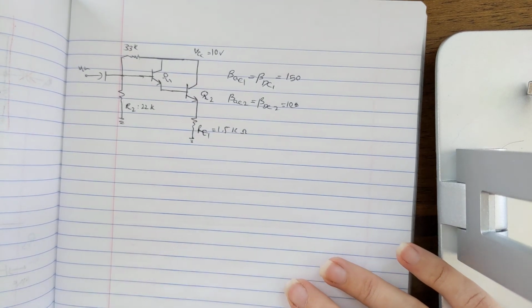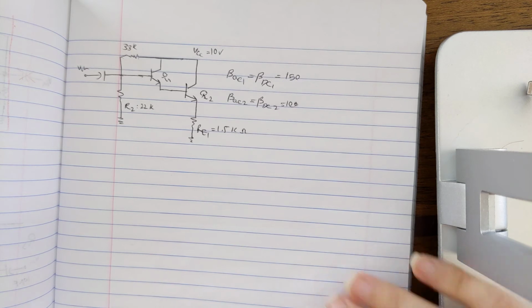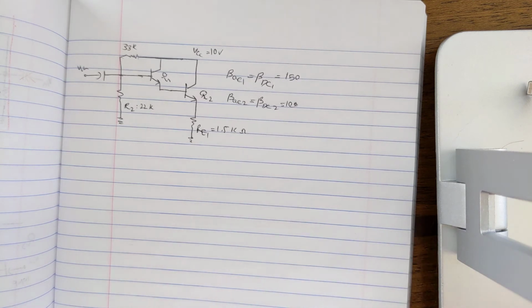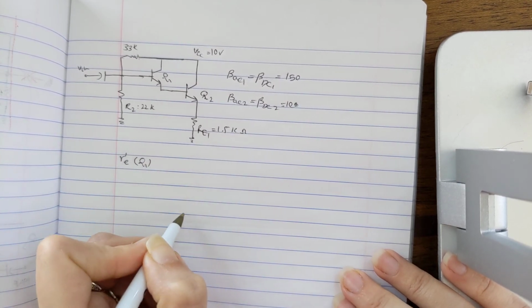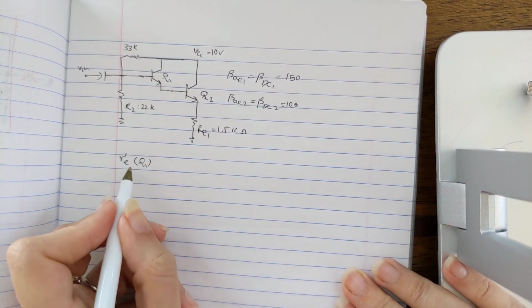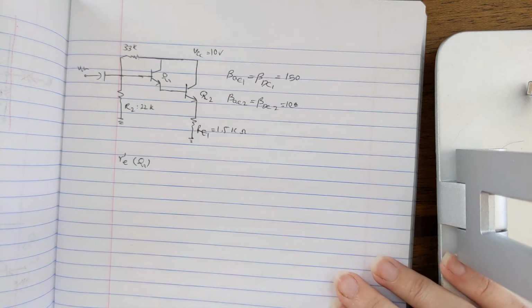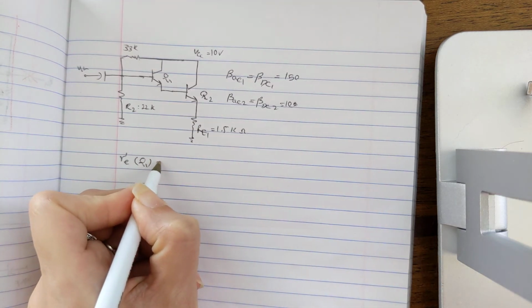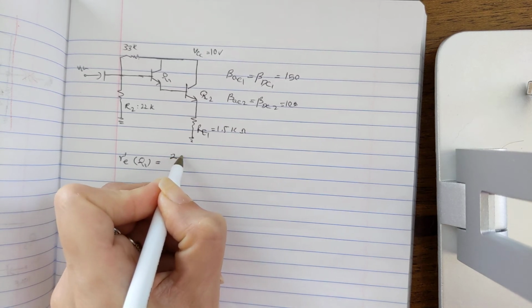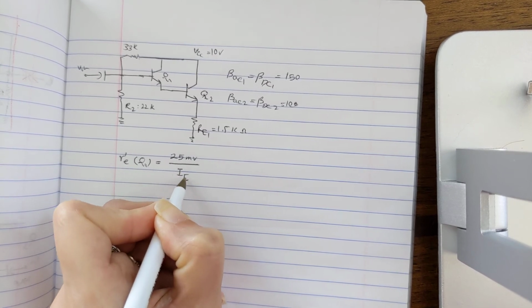Okay. So in question 4 and question 5, you are asked to calculate R prime E for Q1 and Q2. First is R prime E for Q1. If you wrote the same number for R prime E of Q1 and Q2, that's a big no-no. So we should start by saying that R prime E is 25 millivolt over IE.